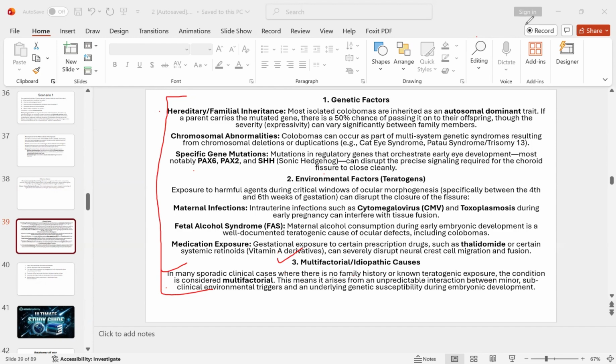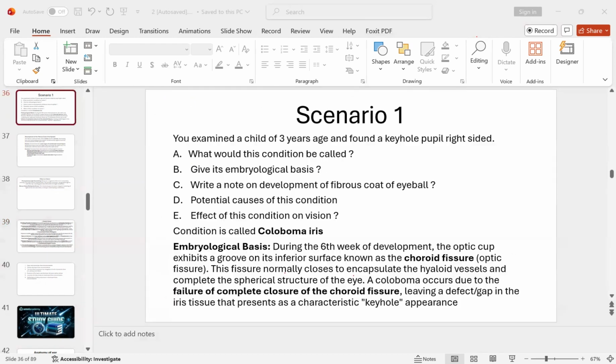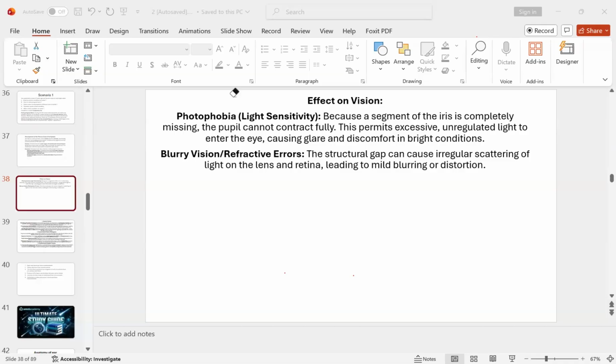So now let's move to our next question, which is the effects of this condition on vision. Let's now discuss the effects of iris coloboma on vision. The first effect is photophobia and the second effect is blurry vision.